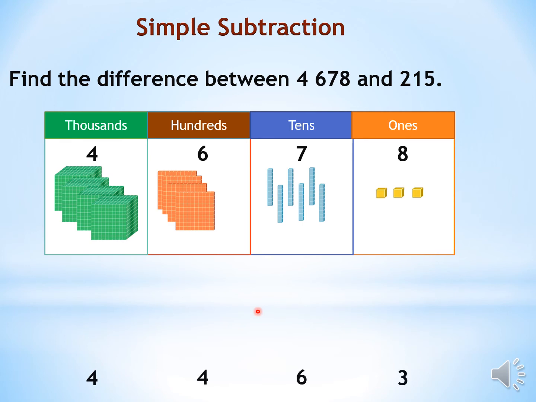We can see there are 3 ones and 6 tens remain, 4 hundreds and also 4 thousands remain. So, the difference between 4678 and 215 is 4463.